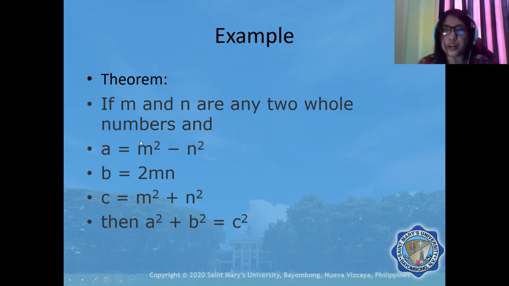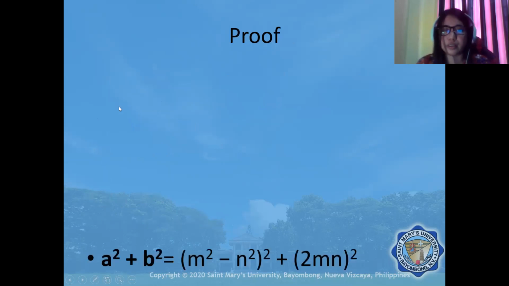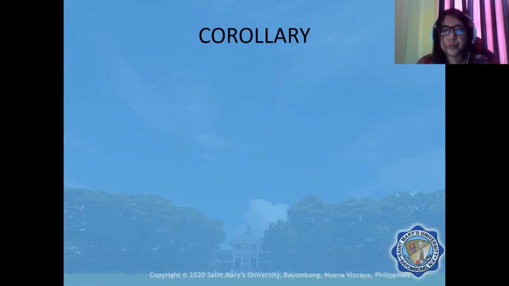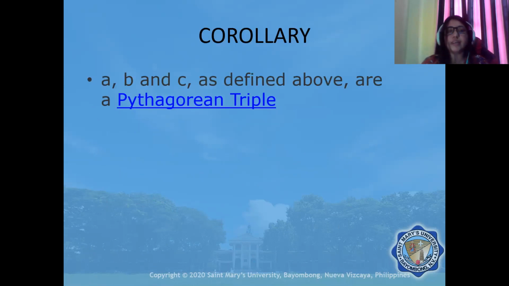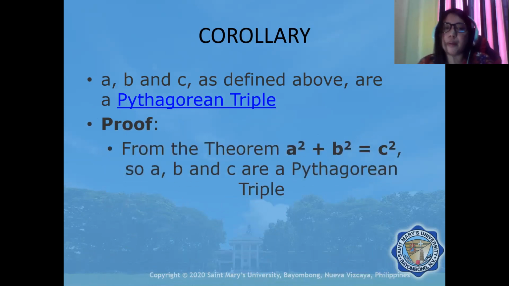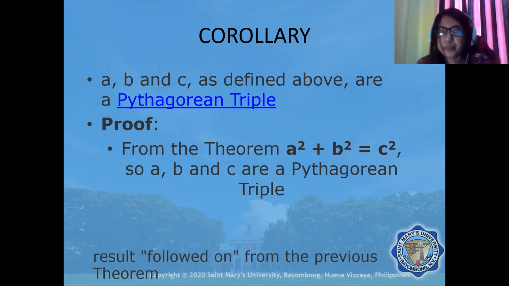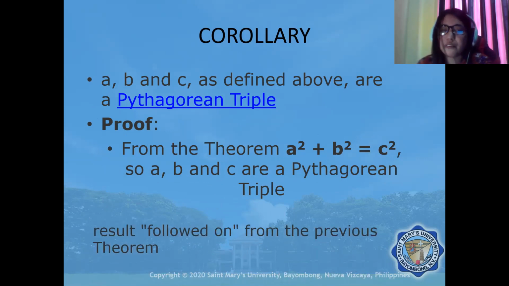So A, B, C are the Pythagorean triples. For its proof, from the theorem, A squared plus B squared is equal to C squared, so A, B, and C are the Pythagorean triple. The result follows on from the previous theorem, so we call A, B, C the Pythagorean triple.